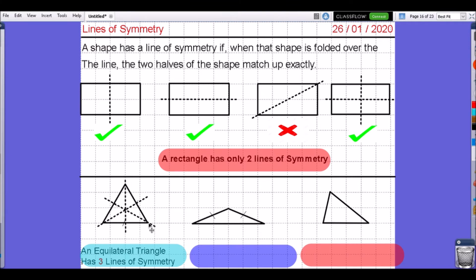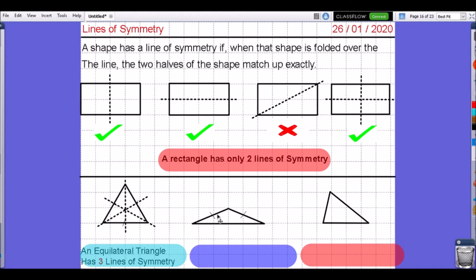I have here a vertex, so this is an angle. You start from it and start drawing the line this way. Another line of symmetry this way from this angle, and it goes straight away this way. You try to make it, of course, exactly in the half. And here another line that comes from up there and goes down also straight. So an equilateral triangle has 3 lines of symmetry.